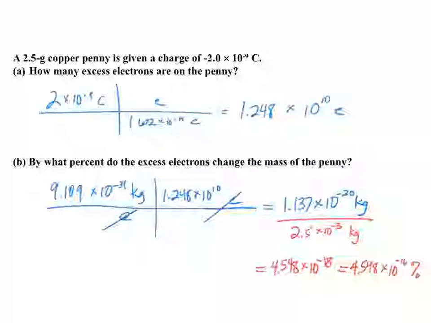That's a really small percentage. As you might have guessed, this really isn't going to amount to much. The excess electrons on a penny are going to pale in comparison to the mass of the penny, because each one of these electrons is 10 to the minus 31 kilograms, and the whole penny, before you added the electrons, was a thousandth of a kilogram.